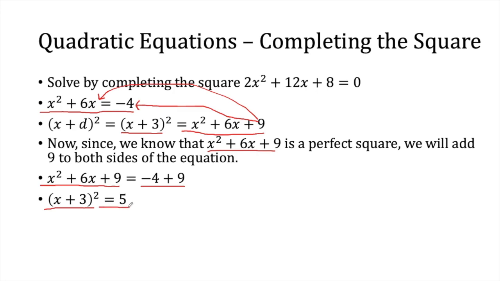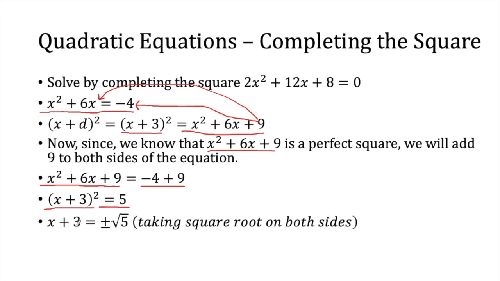And now, just like what we did for the previous problem in the previous video, we will take the square root on both sides since x plus 3 is being squared. So taking the square root on both sides, we will get x plus 3 is equal to positive or negative square root of 5. And the square root of 5 cannot be simplified any further because 5 does not have any perfect squares as its factors.